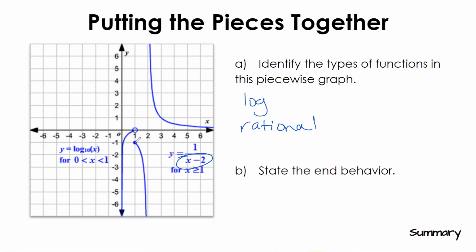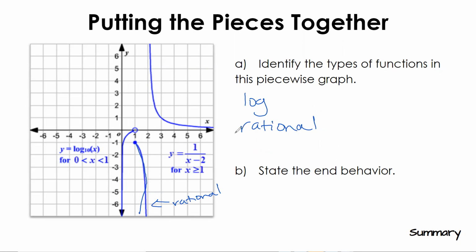And then this right here, this could be a quadratic. Oh, I apologize. It's just 2. It's the rational function. This is part of the rational function as well.